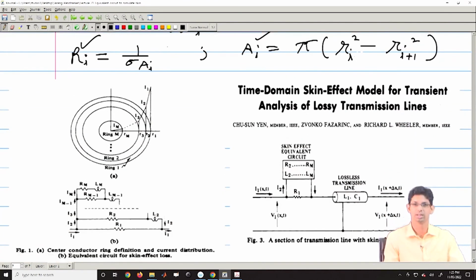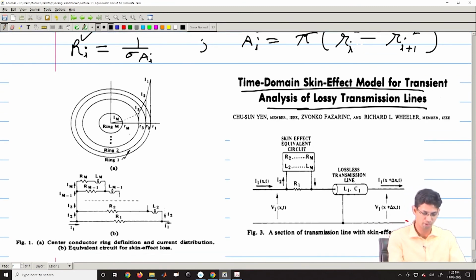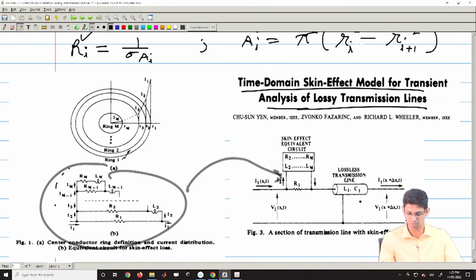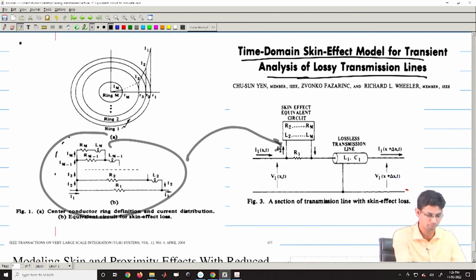These are the figures directly from the paper which I had referred to at the starting of this discussion. If I have a ring like this, it can be replaced by a circuit of this form, and this is the entire equivalent circuit.